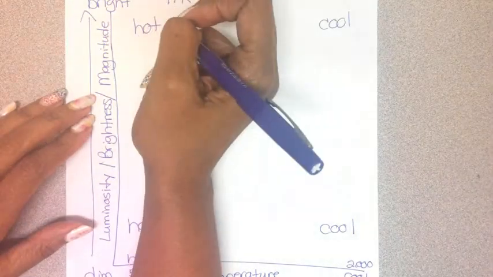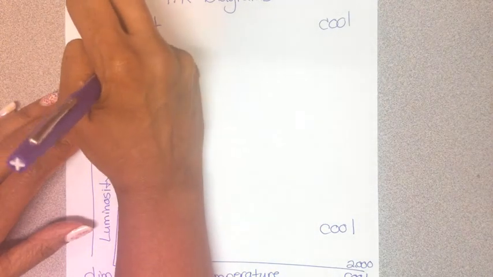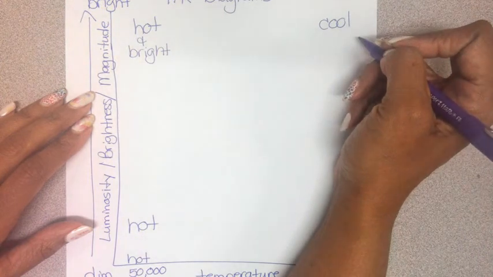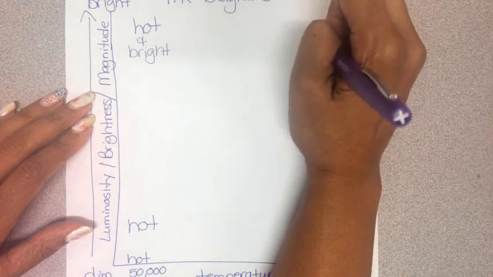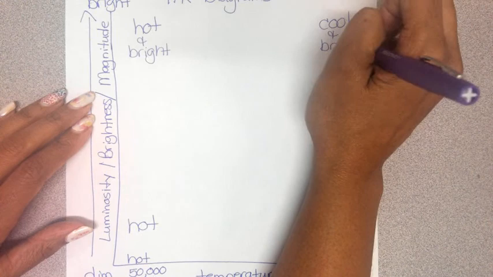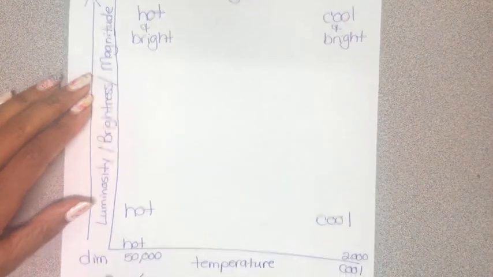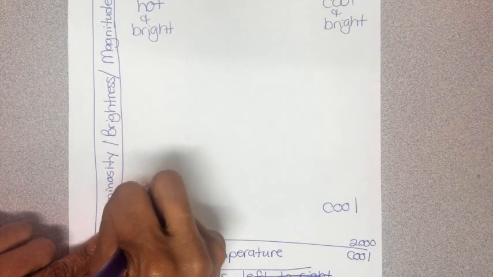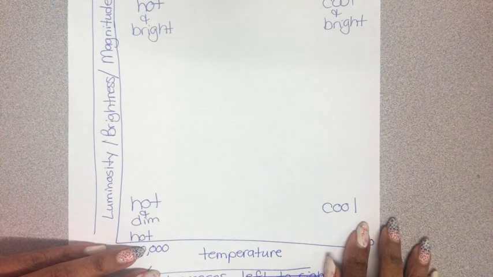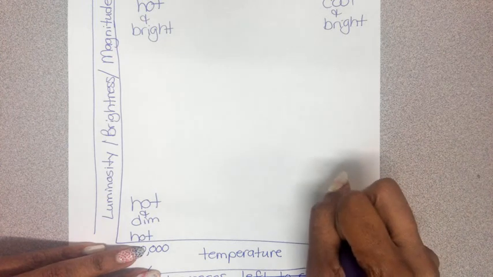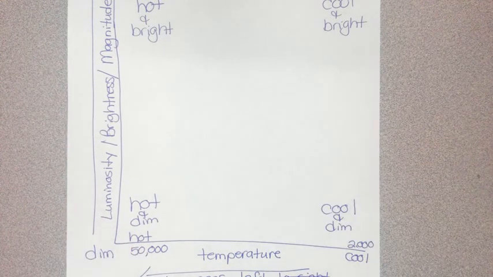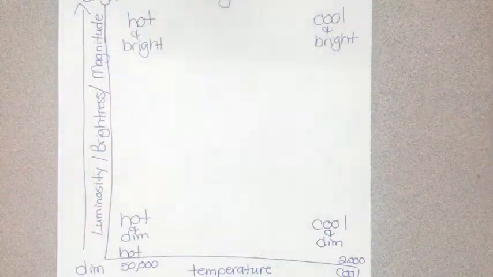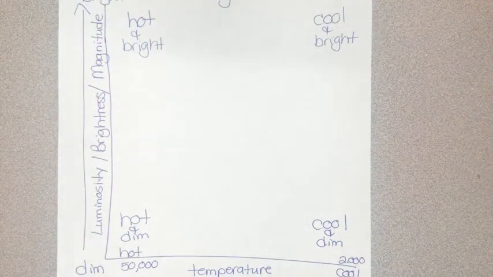So on the upper left, you have hot and bright. On the right at the top, you have cool and bright. And your dim stars are at the bottom. So the bottom left is hot, but they're dim. And then the bottom right, they're cool and they're dim. So if you see an HR diagram on your test, you can divide it up into these four corners, and it will help you answer questions.